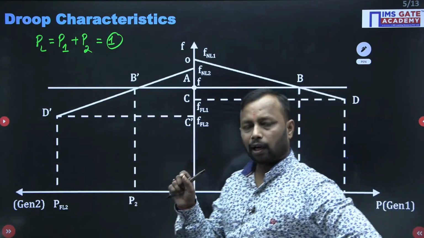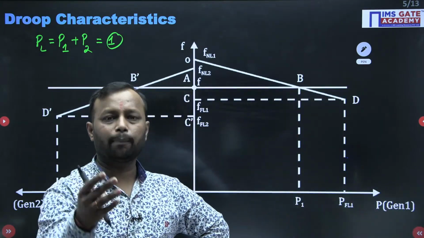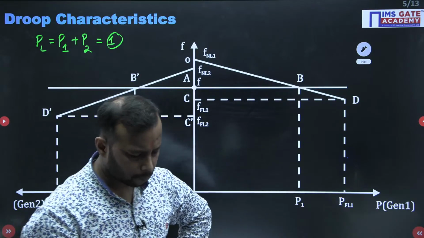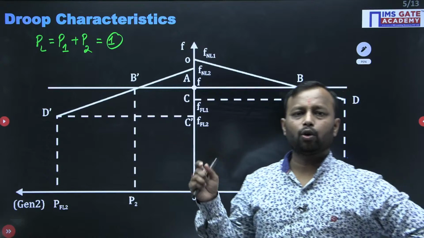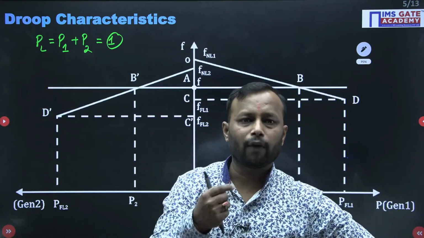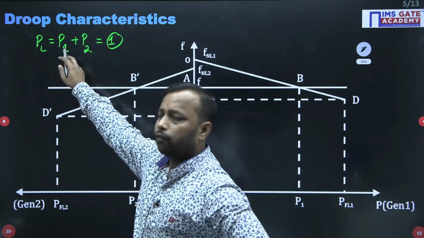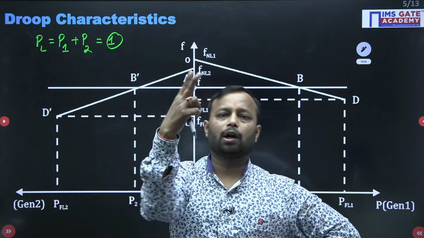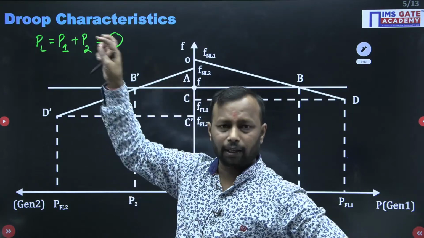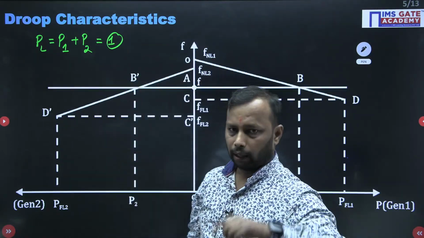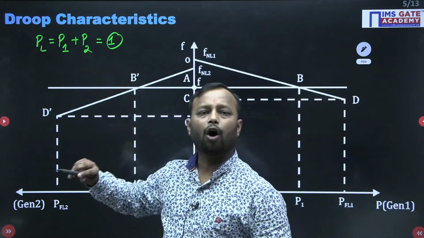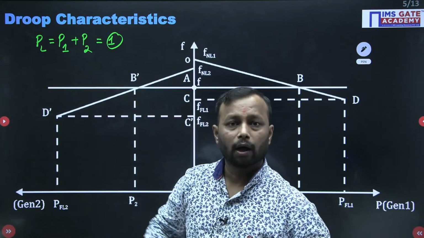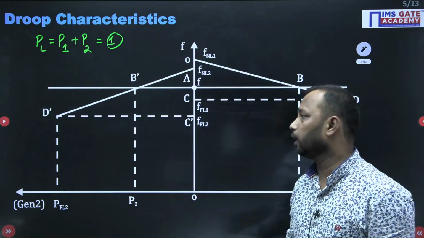In the question, like in the GATE problem, you are going to have three kinds of questions. They will tell you to find the value of P1 or P2, or the frequency at which they are going to operate.